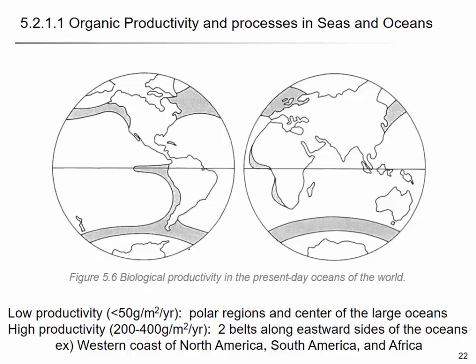So the low productivity is in the polar region and center of the large ocean because it's too warm. And the high productivity is two belts along the east side of the ocean, west coast of North America, here, and the Africa.